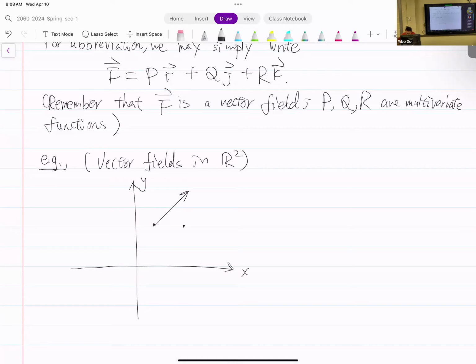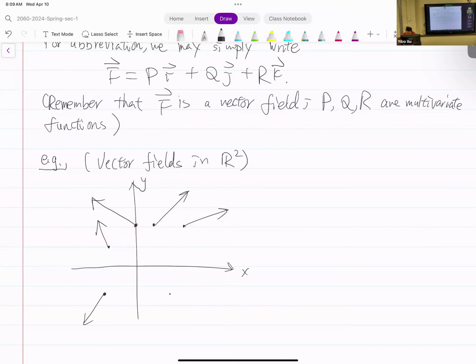And possibly for a different (x, y) pair, I'm going to associate another output vector. So you can see that there are infinitely many pairs of (x, y) that you can put on the plane. So that's only an illustration, but it cannot really represent the actual vector field.